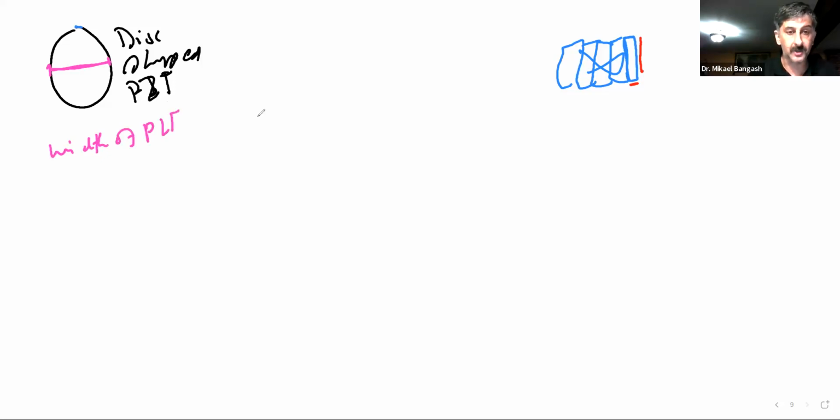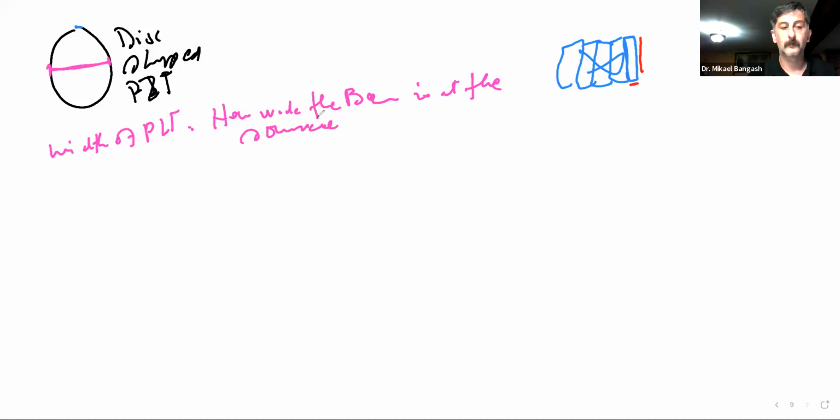That will mainly determine how wide the beam is at the source. Let's assume that my face is a round PCT. Then this is going to be the width of the beam that I produce at the source. Did that make sense?